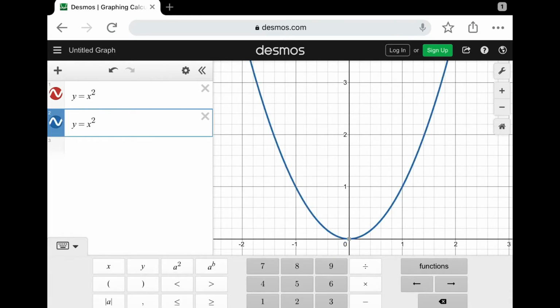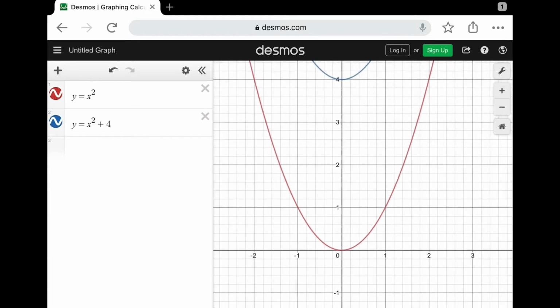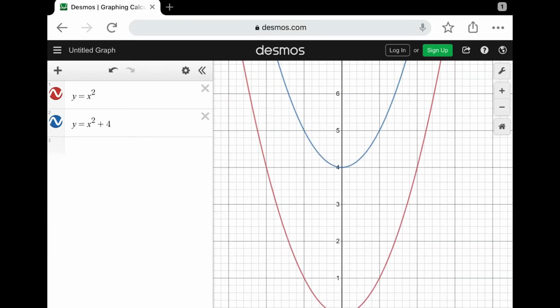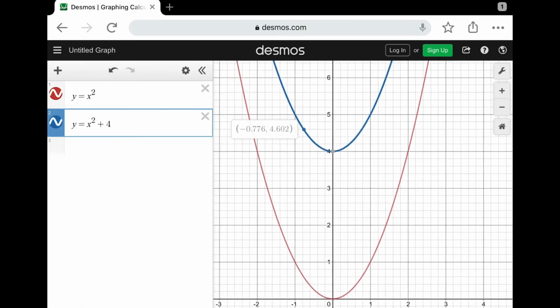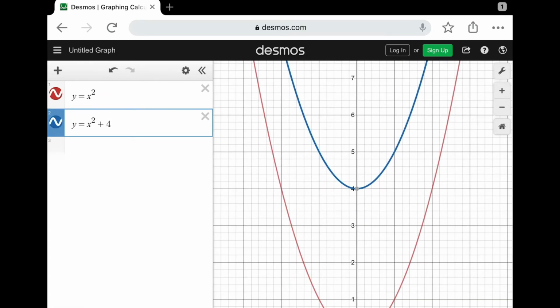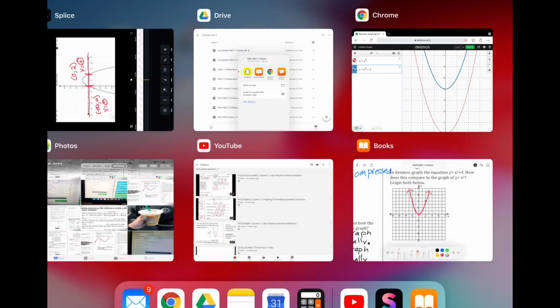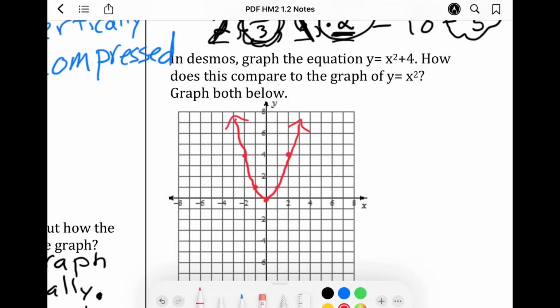And we have x squared plus 4. So if we zoom out a little bit, we can see our graph. And again, how to find the specific points in Desmos: you can drag your finger all up and down the line to find the perfect ordered pair with whole numbers.